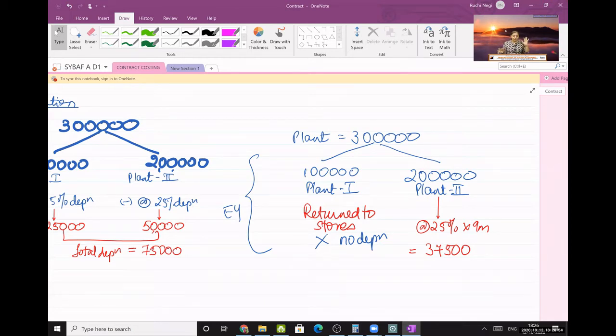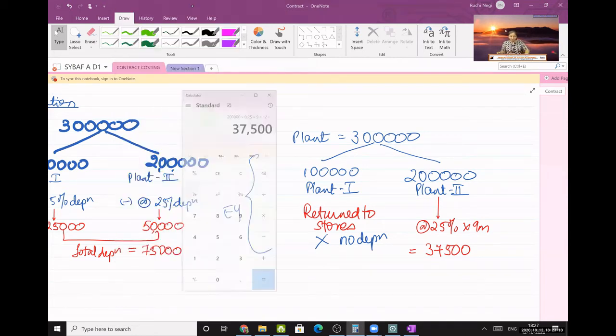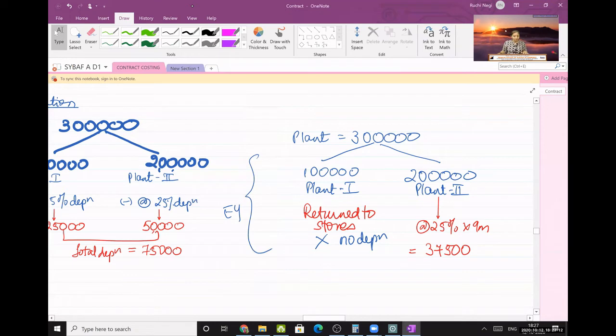I am only using the second machine, 2 lakhs ka. So I'm giving depreciation for that for 9 months: 2 lakhs ka 25% into 9 divided by 12, so 37,500. So on 1 lakh ke plant I will not give any depreciation because I have returned it back. I am not using it.